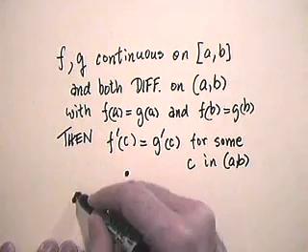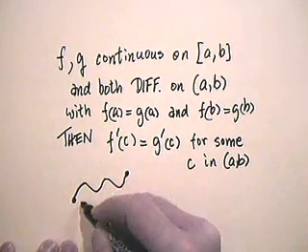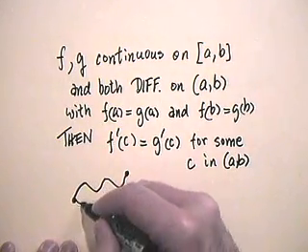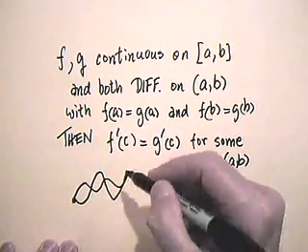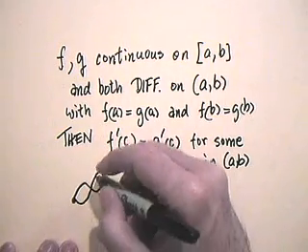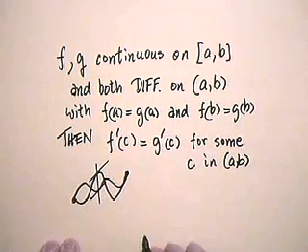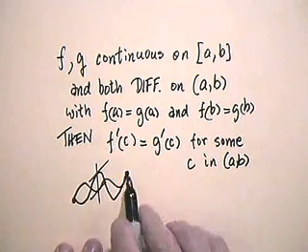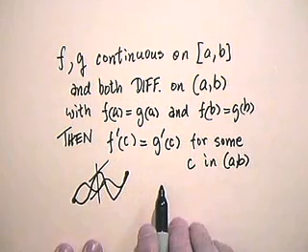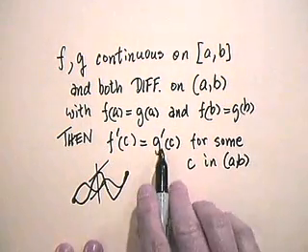So let's say here's f and here's g. Notice I can find points here where the tangents are parallel, and that means f prime of c equals g prime of c.